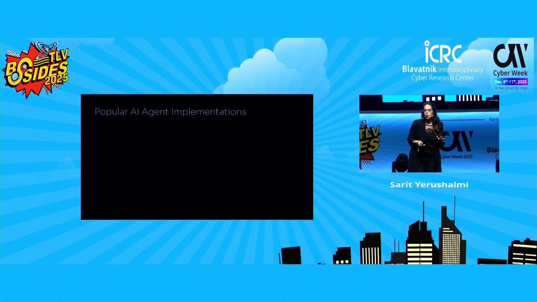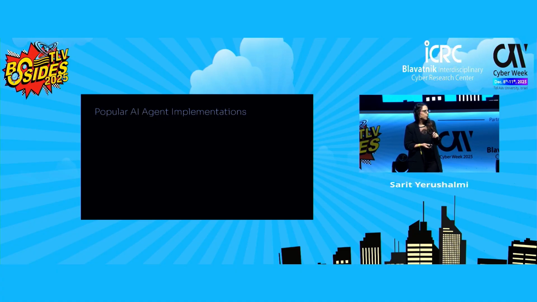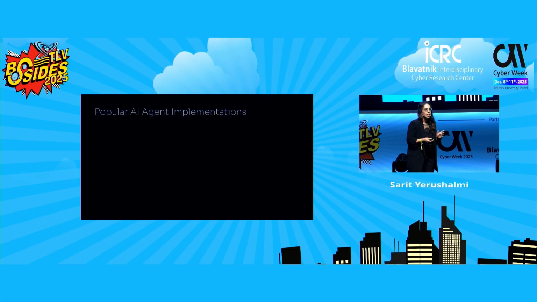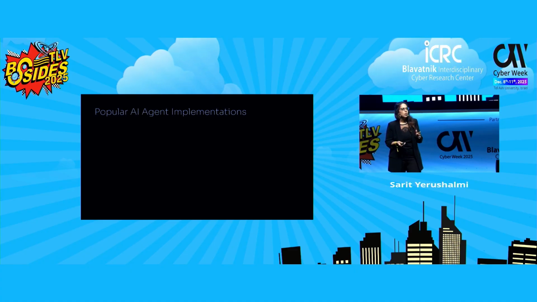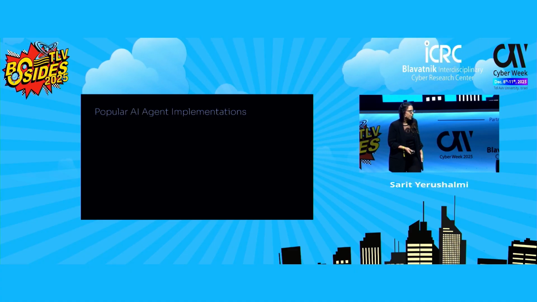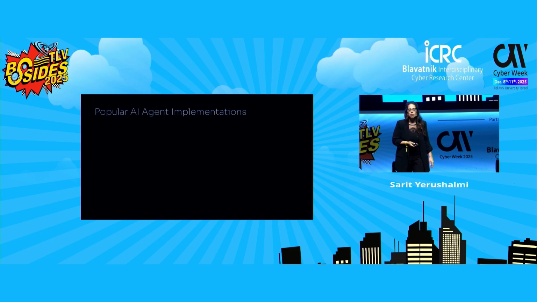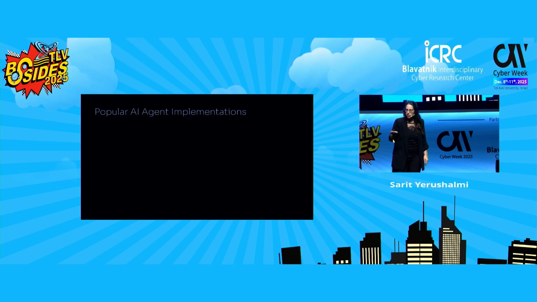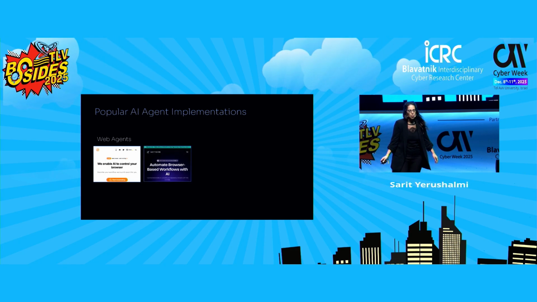So at this point, we all understand what AI agents are, right? And back then, when Daniel and I started our research, we wanted to see which implementations are there. And it appeared that there were two main forms. The first one is web agents.